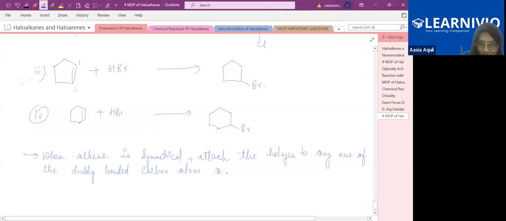Okay. And to the other carbon, we are supposed to attach the hydrogen, and attach hydrogen on the other carbon.